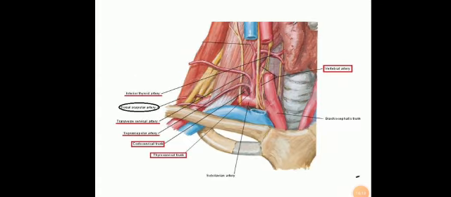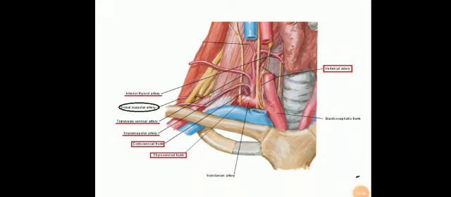The branches from the second part include costocervical trunk. The second part, which is located posterior to the scalenus anterior, gives rise to costocervical trunk.